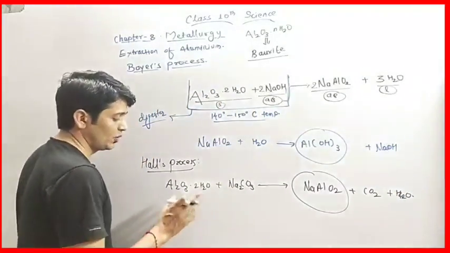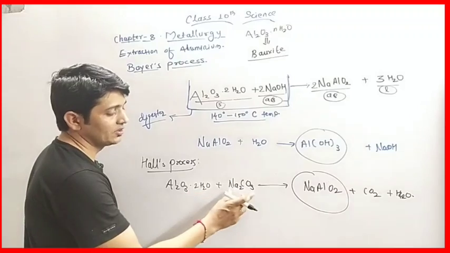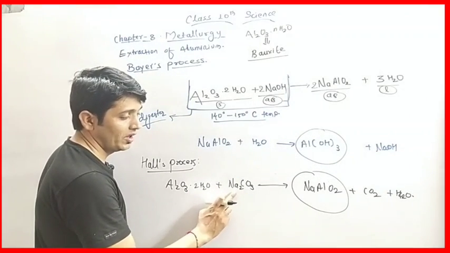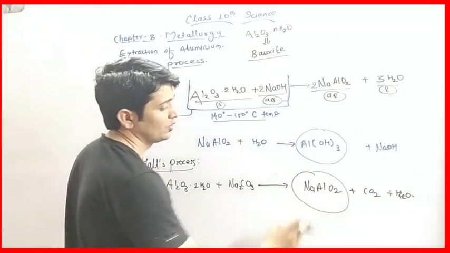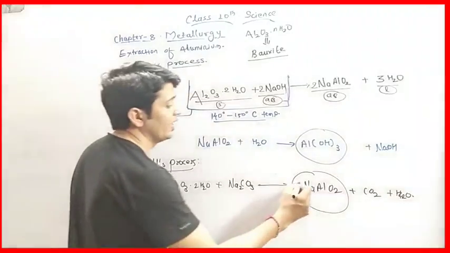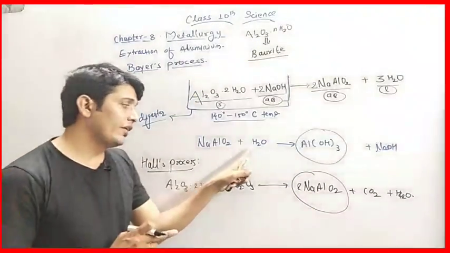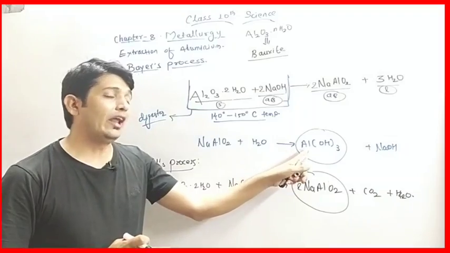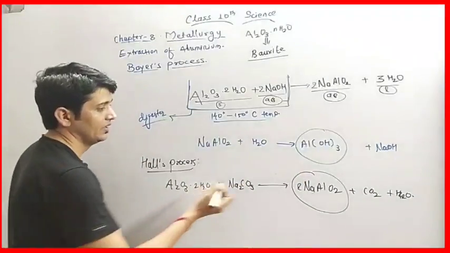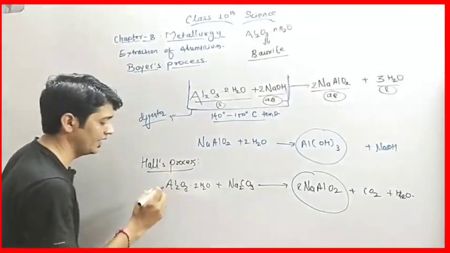So in this process, bauxite is going to dissolve in sodium carbonate solution to form sodium meta-aluminate. Then this sodium meta-aluminate is again treated with water to form aluminium hydroxide. Okay, see here it is 2.